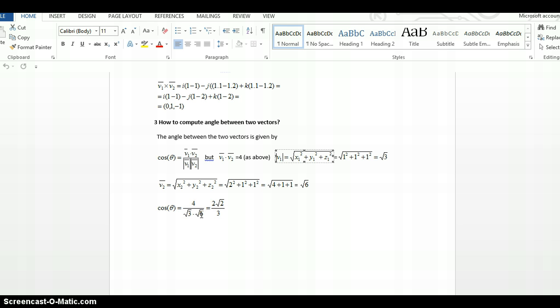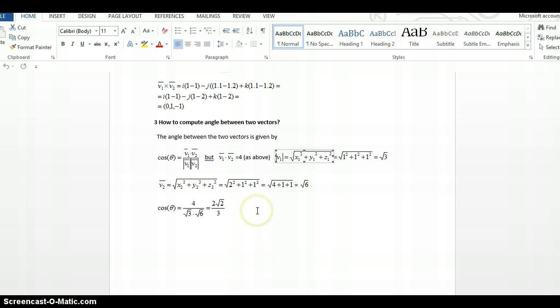So it is now 4 divided by 3 root 2. You rationalize that by multiplying the top and bottom by root 2, and it becomes 4 root 2 divided by 3 times 2.